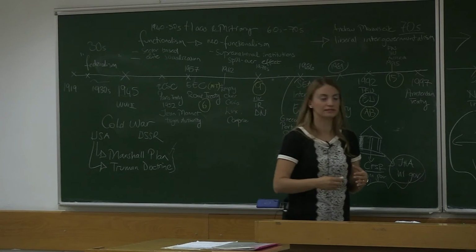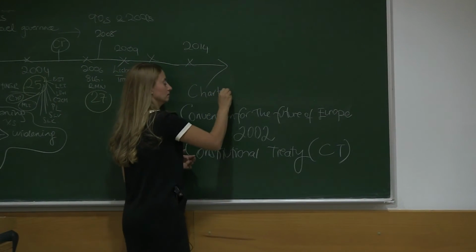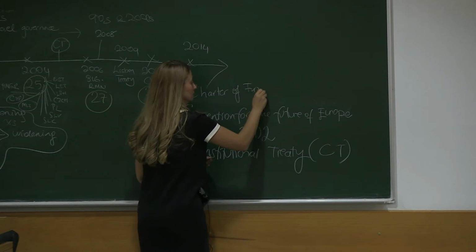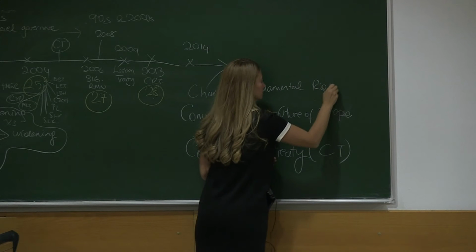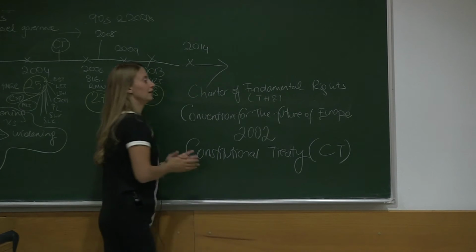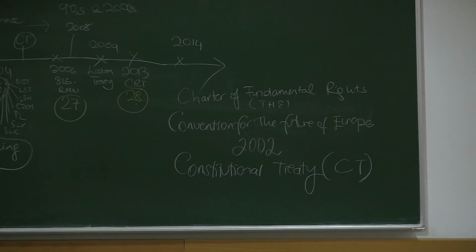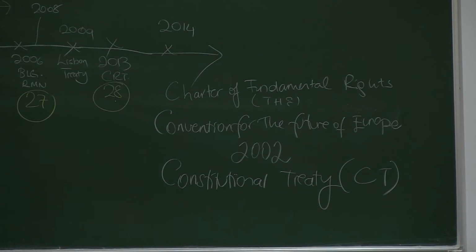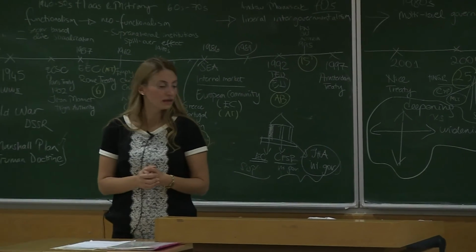There was a list of rights. Charter of Fundamental Rights. Temel Haklar Şartı in Turkish. That was a list of rights, to have dignity, the basic human rights basically, nothing too complicated in that sense.